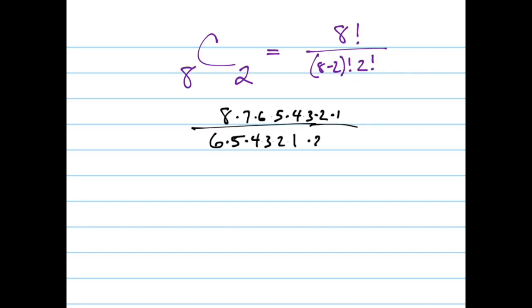And we have 2 factorial. Now notice that 6 factorial cancels out most of the 8 factorial, leaving us with just 8 times 7 on top. But we also have the 2 on the bottom, which will reduce with the 8, making it a 4. 4 times 7 is 28.